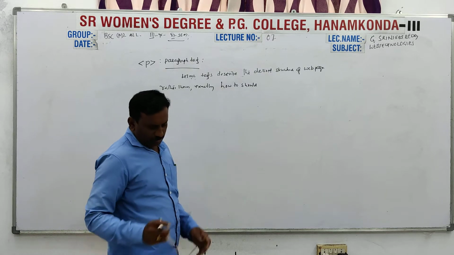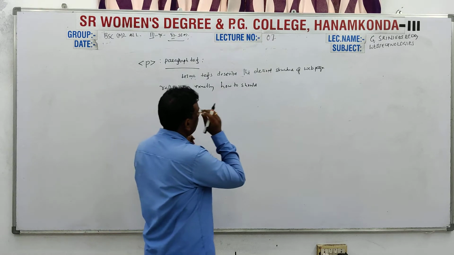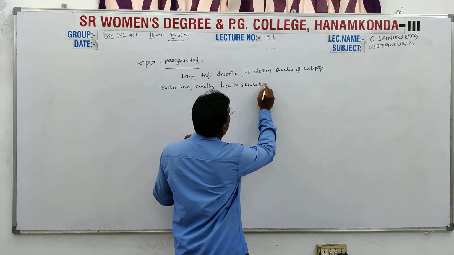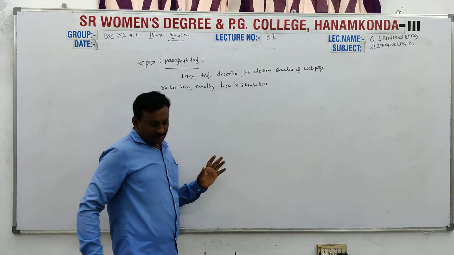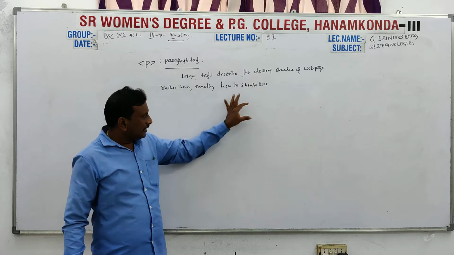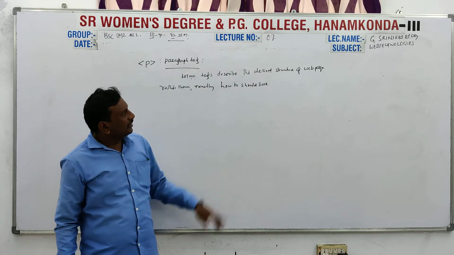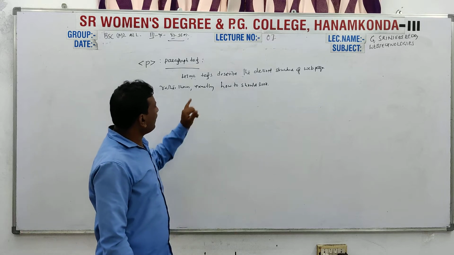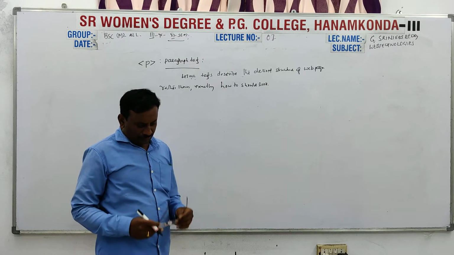For example, here you can write a paragraph, meaning a particular sentence will be on separate lines. That means the desired structure of the web page, rather than exactly how it should look.